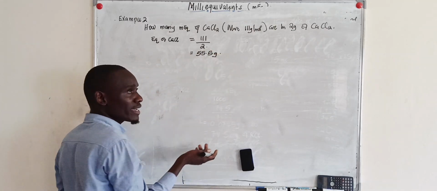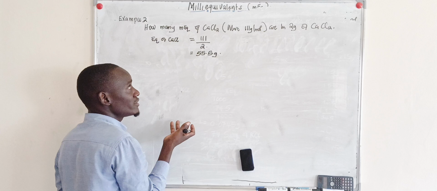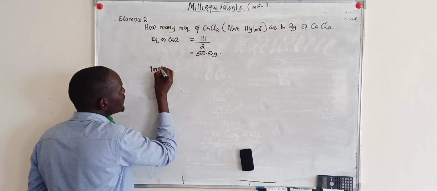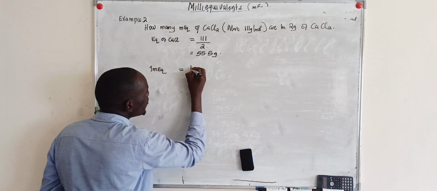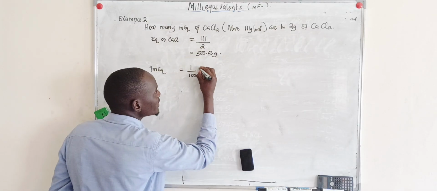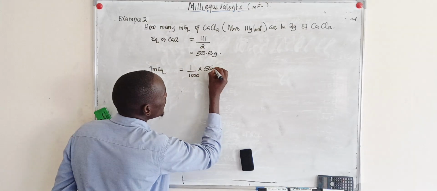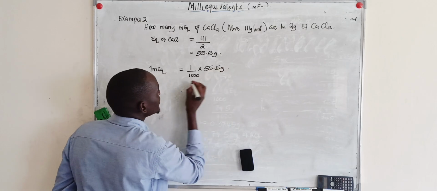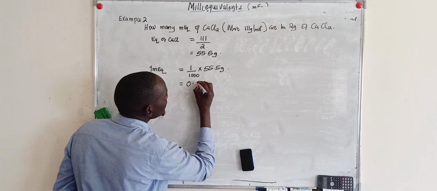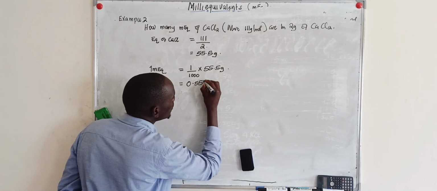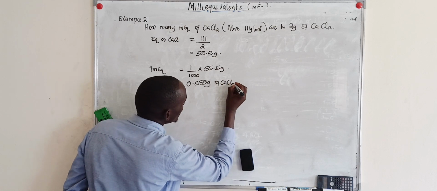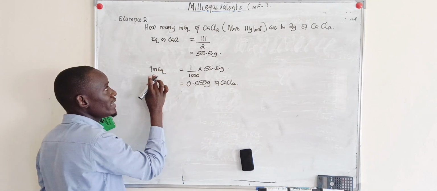55.5 grams. Remember, we said the equivalent weight is written in grams. From there, we say 1 milliequivalent is equal to 1/1,000 of the equivalent weight. In this case, our equivalent weight is 55.5 grams, and when we compute this, we get 0.555 grams of calcium chloride as our mass in 1 mEq.